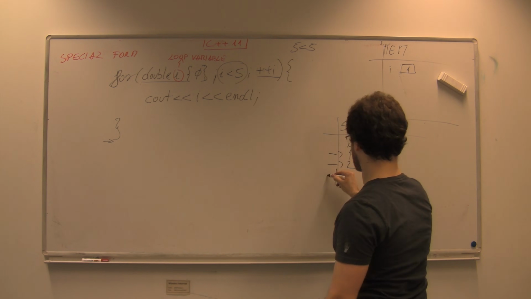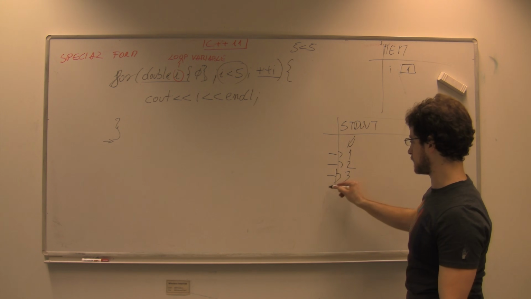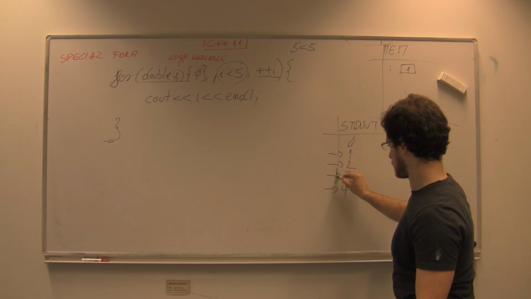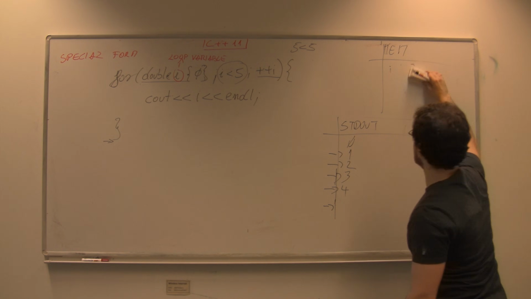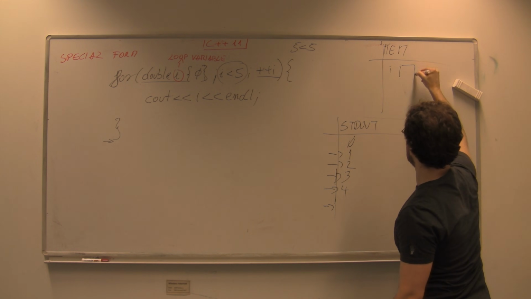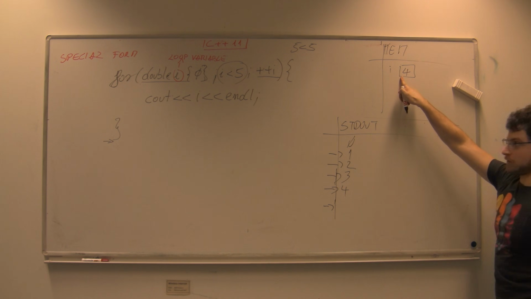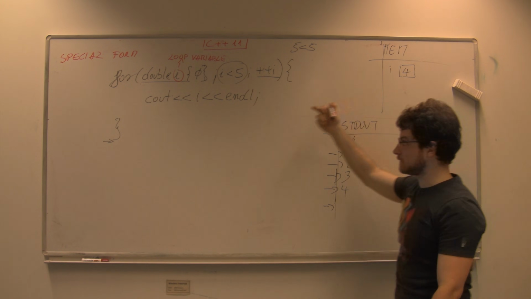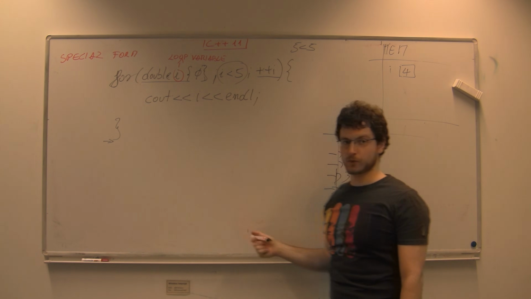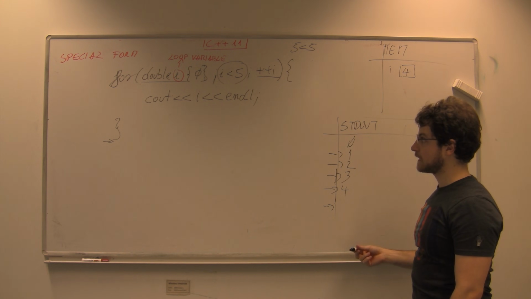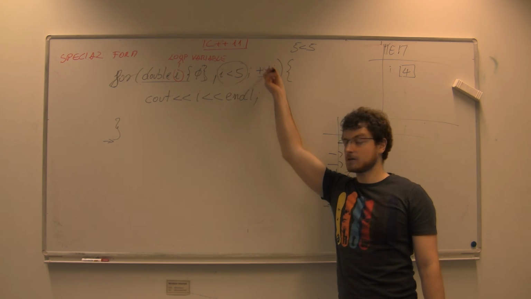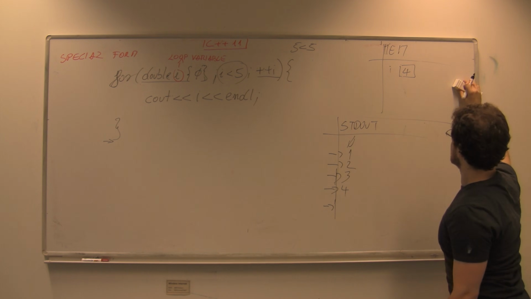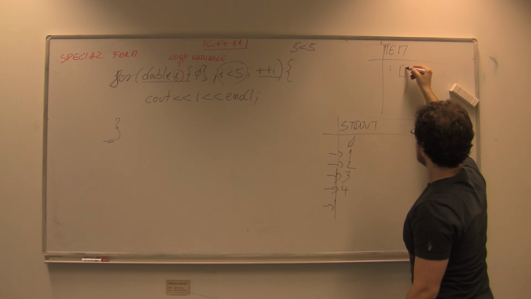And we will have this sequence appearing on standard output. At this step, when we printed out the number 4, the value of the loop variable i has to be 4. And that's the value that was just printed out. The next step is to execute the loop increment, so we change i to 5.